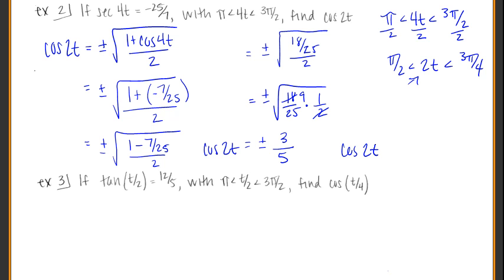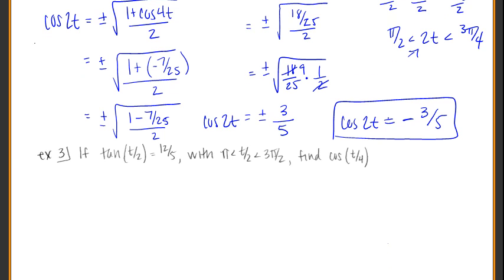Are my x values positive or are they negative? Well, pi over 2 to 3 pi over 4, that's basically 90 degrees to, let's see, 115? No, 135, if I do the math right. And in there, the x values are negative, so it's going to be negative 3/5. And then we can have that one finished.